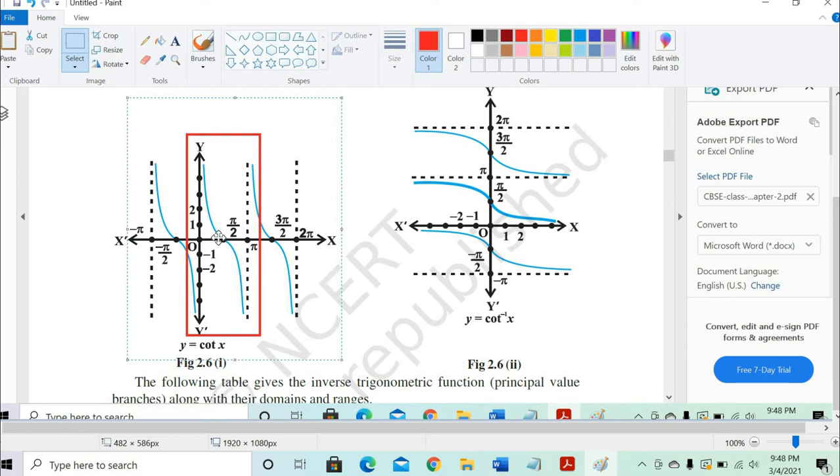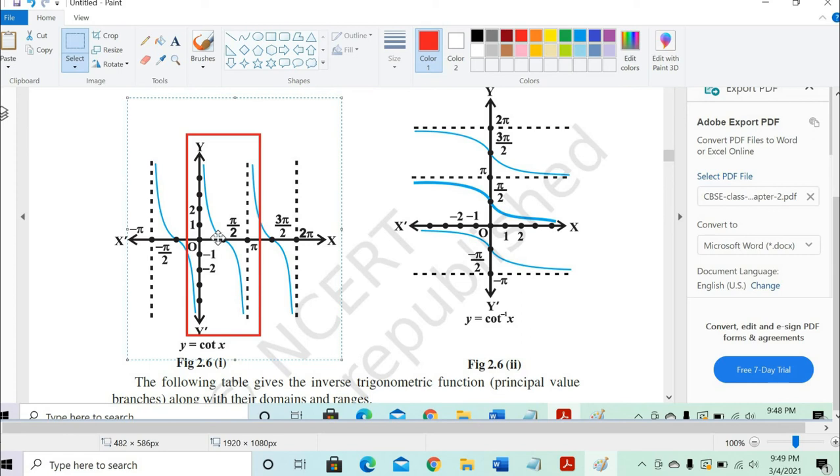Now the opposite will happen for cot, because 1 by infinity will be 0 and cot 0 will be infinity. So the graph comes from infinity down to pi by 2, and between pi by 2 and pi, tan is negative, so it goes in the negative direction to infinity. Clear?